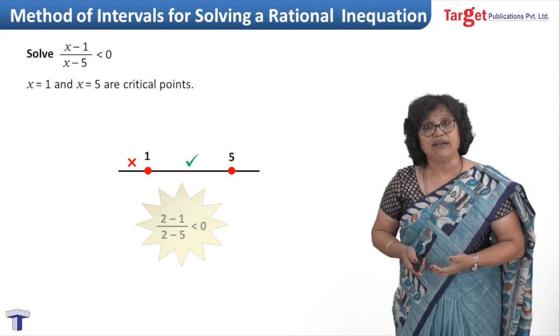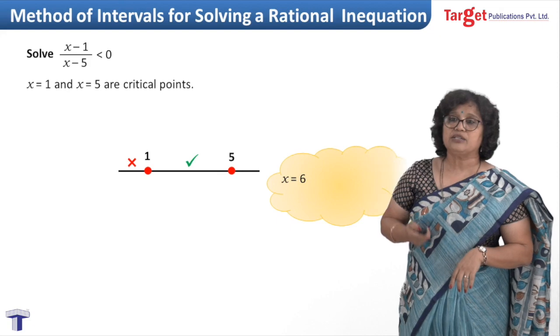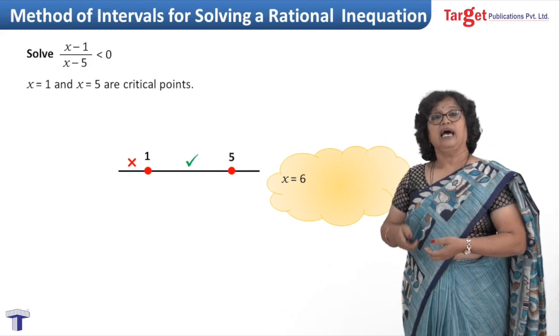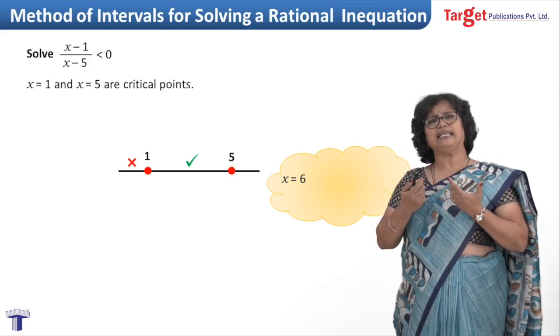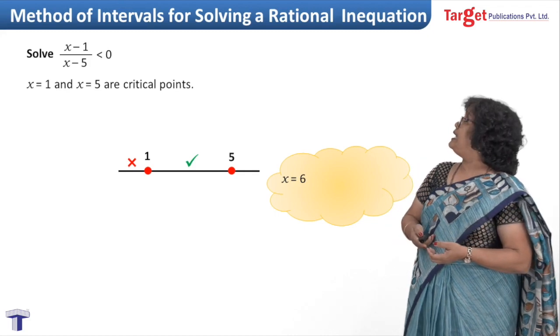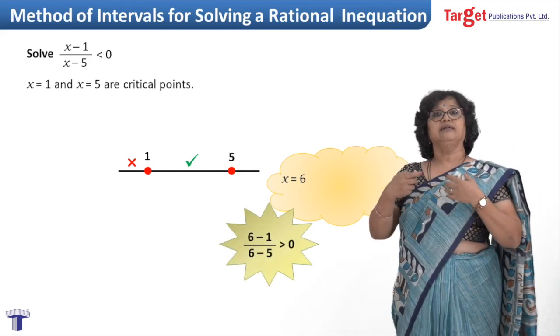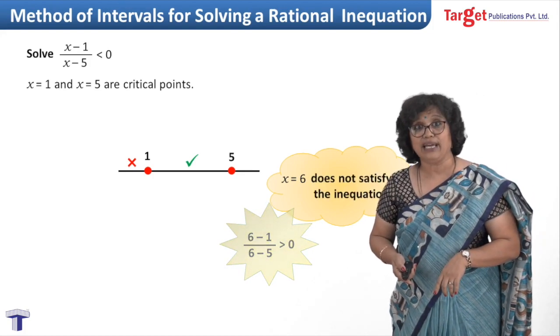So all the points from 1 to 5 satisfy the inequation. Similarly, for the last interval, 5 to infinity, I take x equal to 6; you could have taken any value more than 5. Then (6 minus 1) upon (6 minus 5) is positive, so x equal to 6 does not satisfy the inequation.